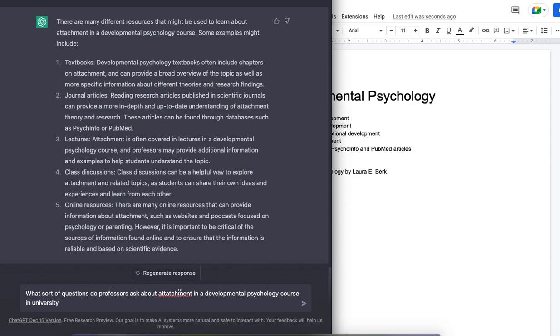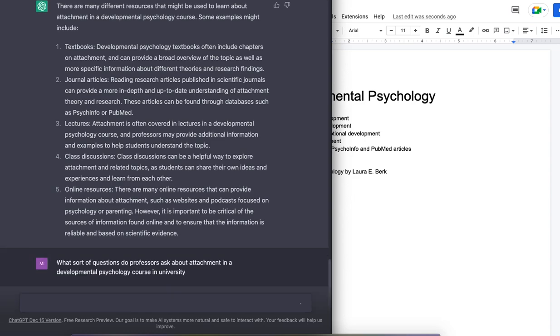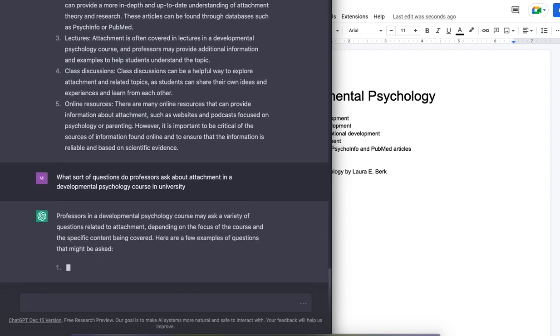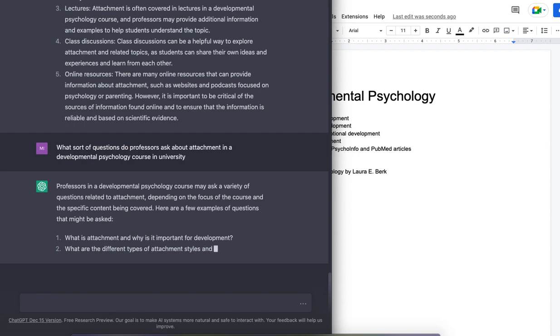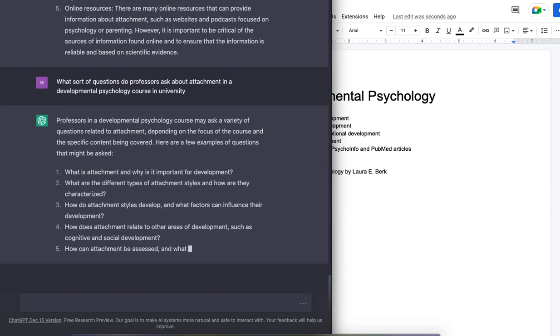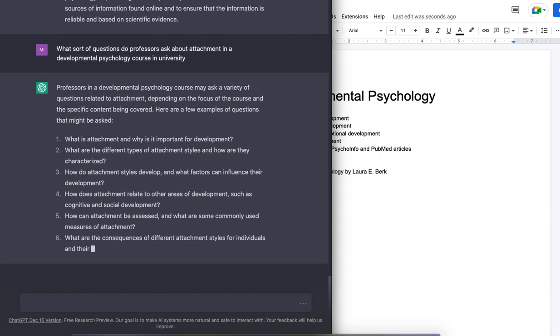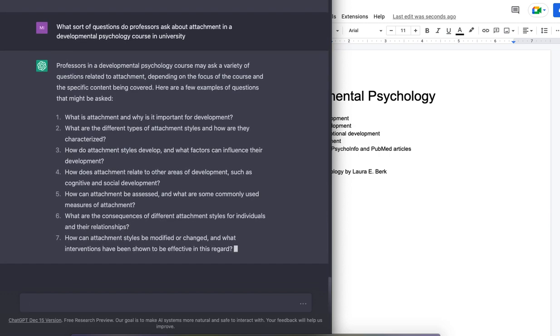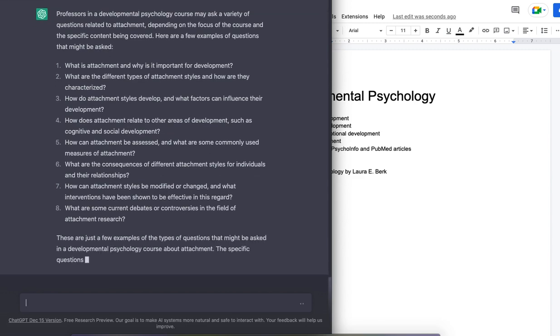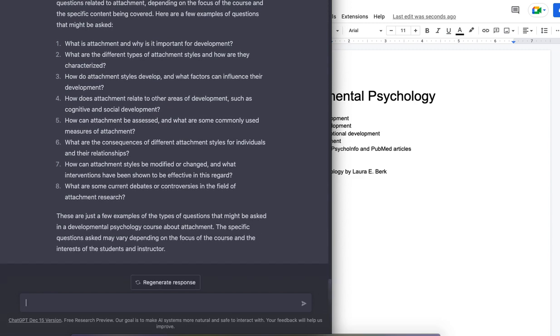And I spelled this wrong because there's no T here, attachment. So this will give you a maybe more specific idea. So what is attachment and why is it important for development? What are the different types of attachment styles and how are they characterized? How do attachment styles develop and what factors can influence their development? How does attachment relate to other areas of development, such as cognitive and social development?